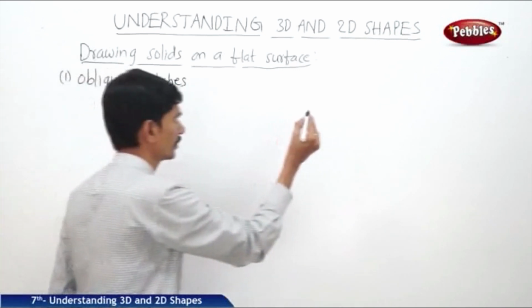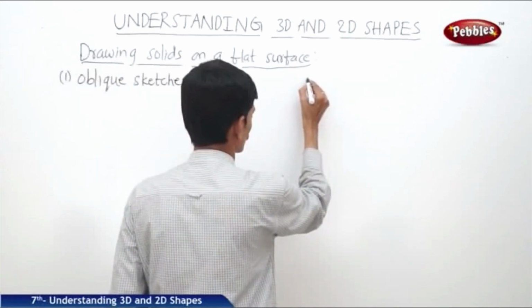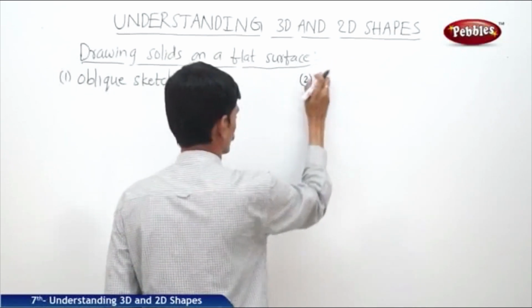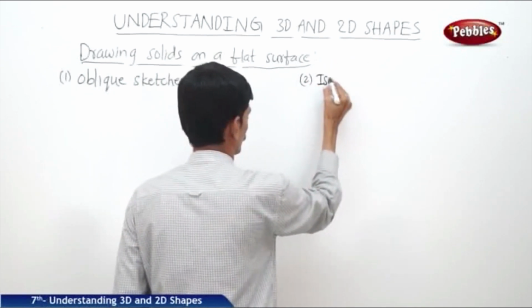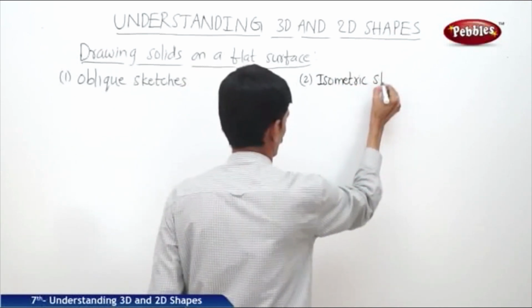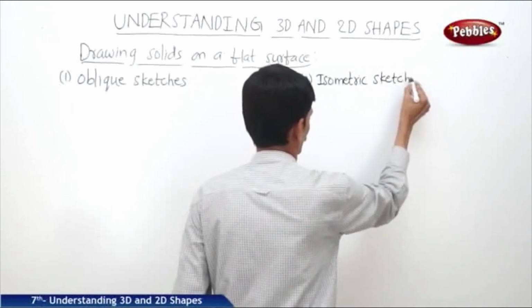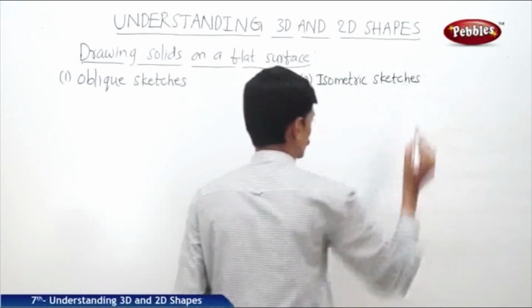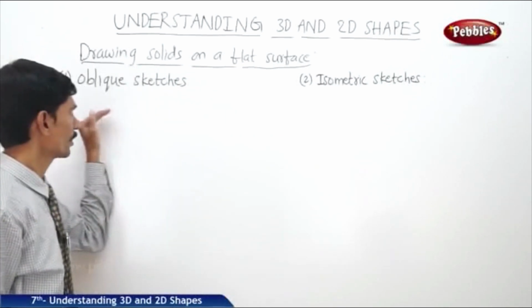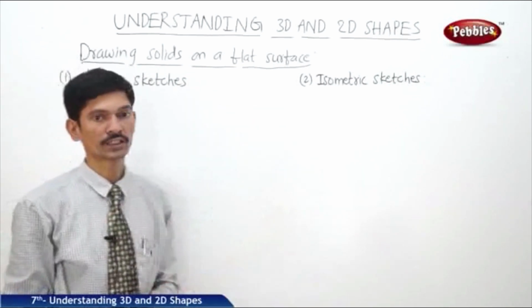And the second one is isometric sketches. So we can draw any solid shape in both the methods called oblique sketches and also the isometric sketches.